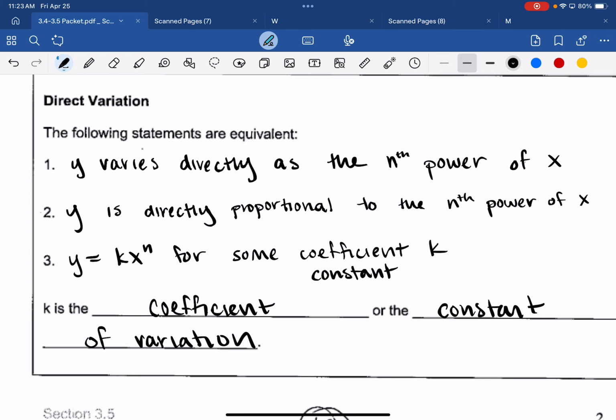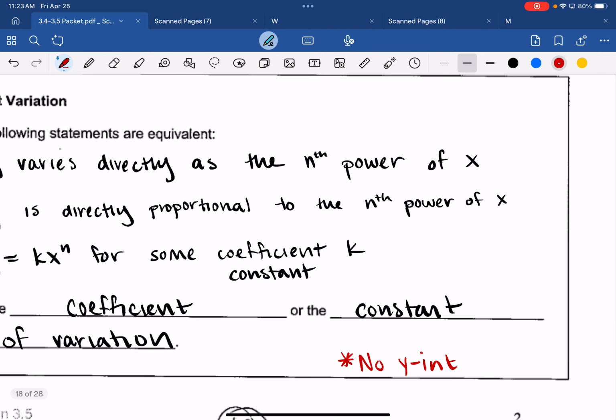The key here with direct variation is that we have no y-intercept. Or I should say a y-intercept of 0, actually. That's probably way better. It's not no intercept. We have a y-intercept of 0. But you won't see one written.